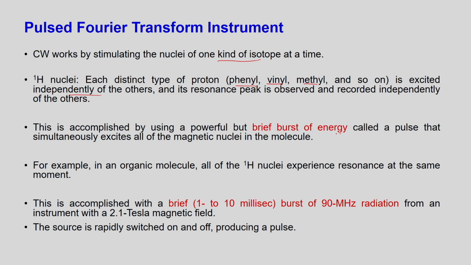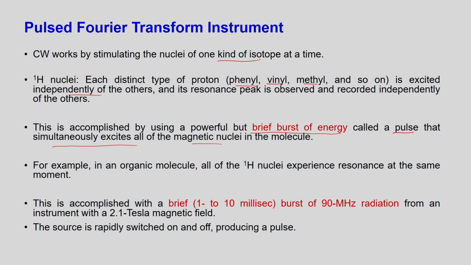A pulse signal means you send a brief burst of energy, which is called a pulse, which will simultaneously excite all the magnetic nuclei in the molecule. Now, if you send a pulse signal, it will not be a single fundamental frequency, because you are not giving sufficient time for the wave to reach a single vibrational frequency.